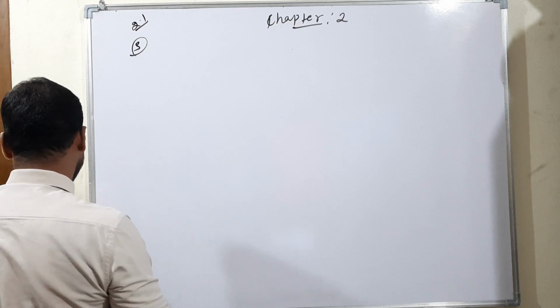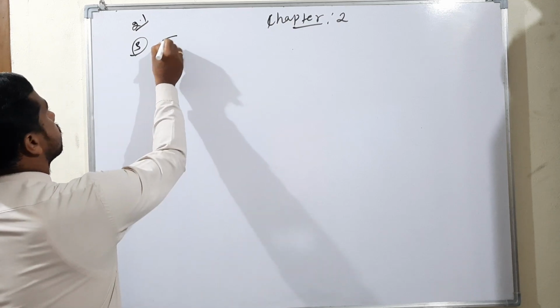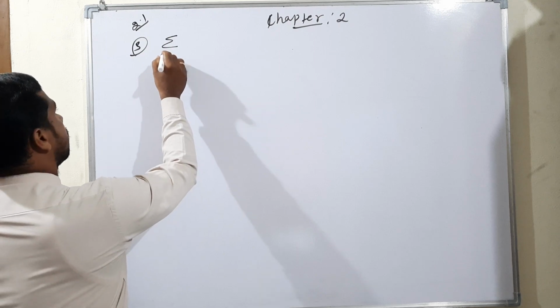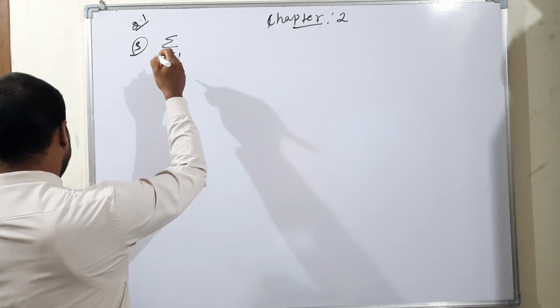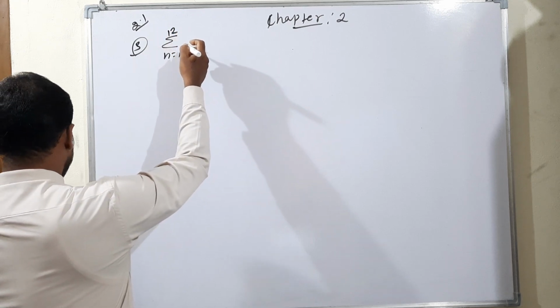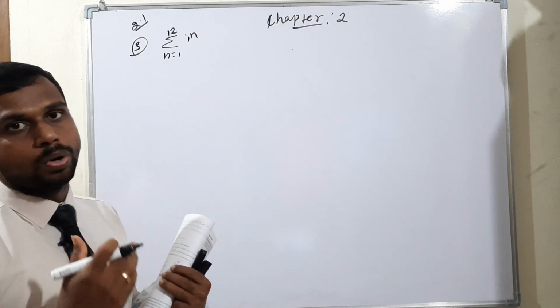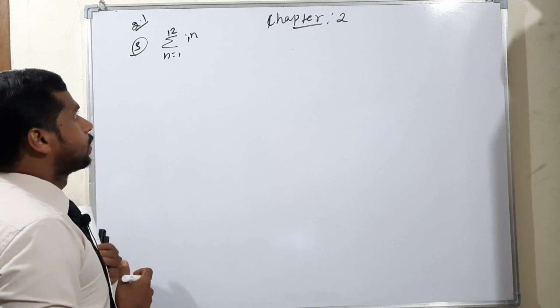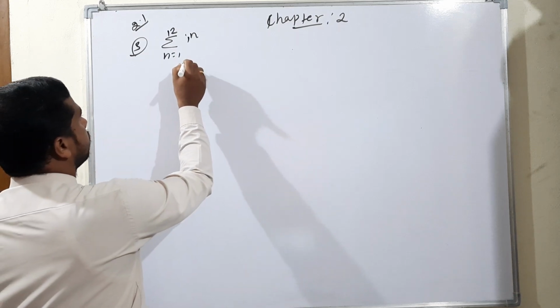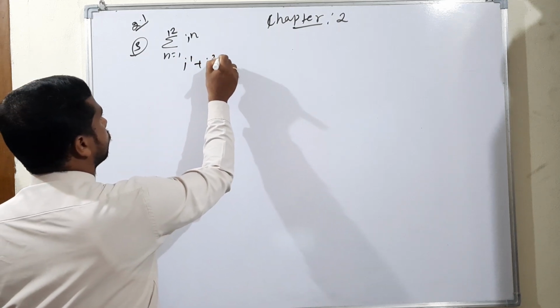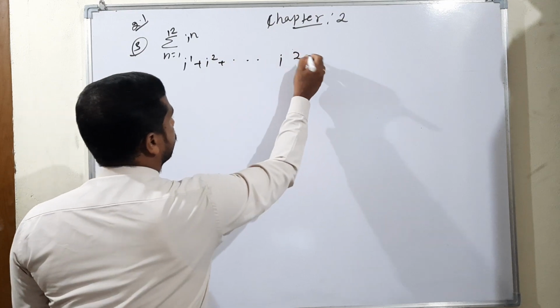The question is the summation of i to the power n, where n goes from 1 up to 12. Summation means the total addition: i to the power 1 plus i to the power 2 plus dot dot dot i to the power 12.